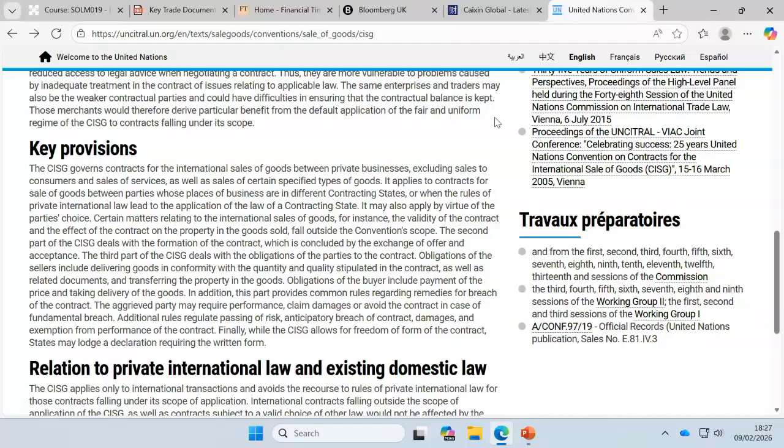And the implications of this are that it applies automatically to those transactions. In other words, this is, by definition, the default legal system applying to contracts between two different jurisdictions.